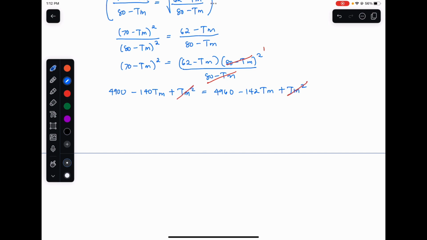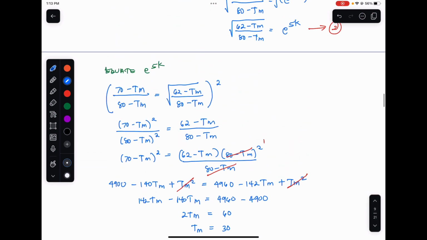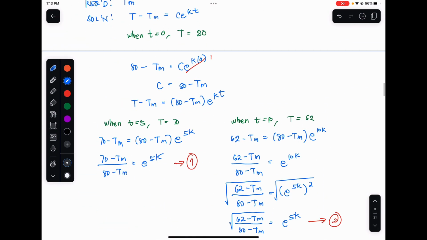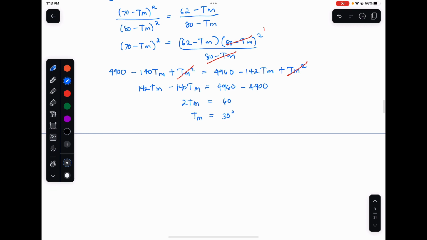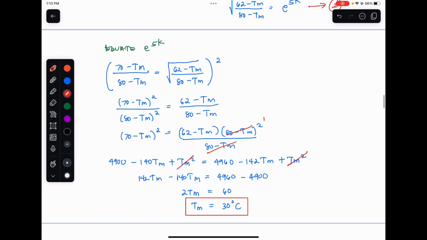Then I'm going to move the negative 142, so it becomes 142 t sub m minus 140 t sub m, and then 4,960 transposed minus 4,900. So this becomes 2 t sub m equals 60. So t sub m is equivalent to 30 degrees Celsius. That will be the temperature of the environment, or the medium, which is 30 degrees Celsius.